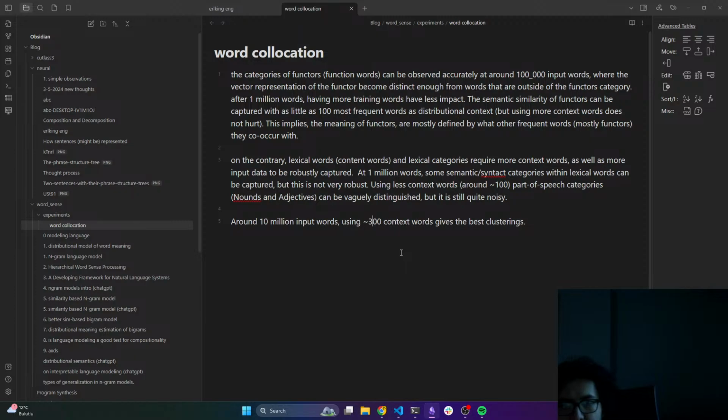Let's say around 500 context words gives the best clustering, visually at least, of lexical words.